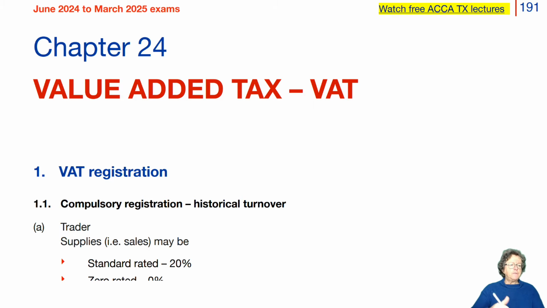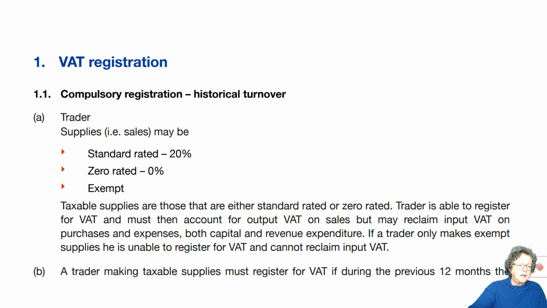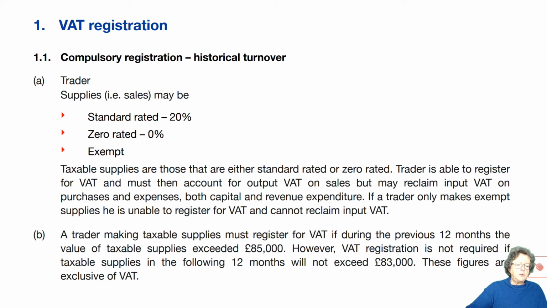So let's look at the first main topic, which is VAT registration. Now, to deal with VAT registration, there are two methods. You either look at the past, which is what's known as the historic turnover, or you look at the future.